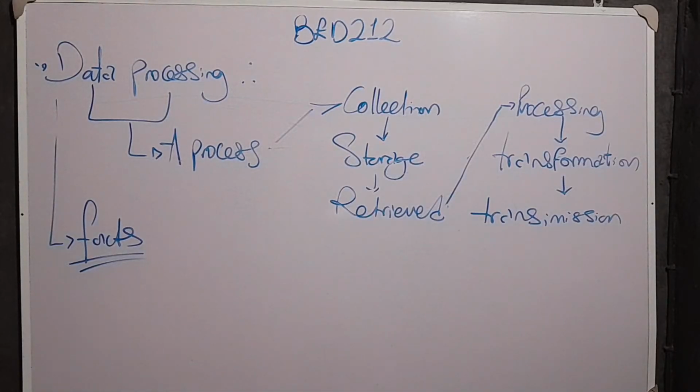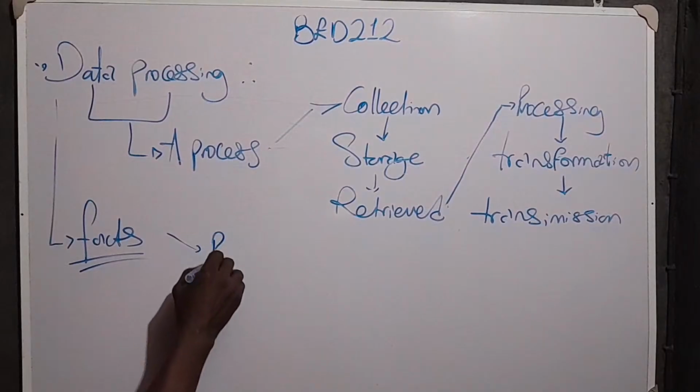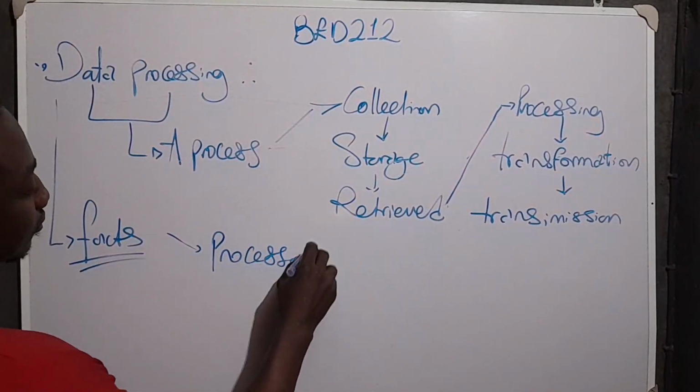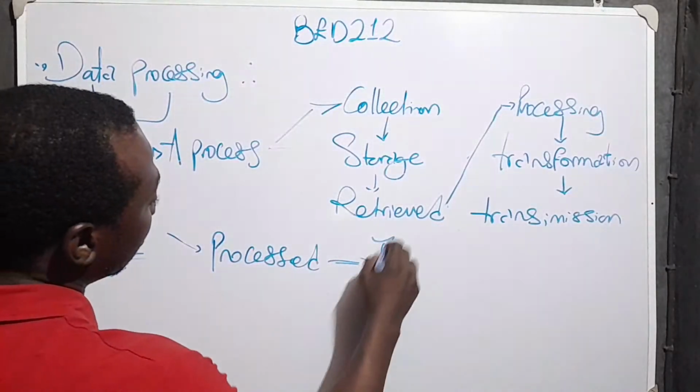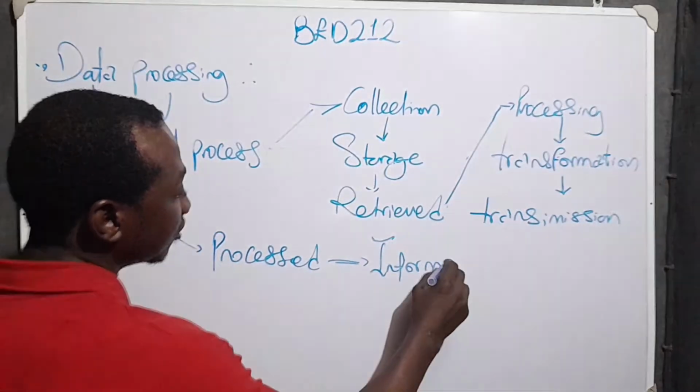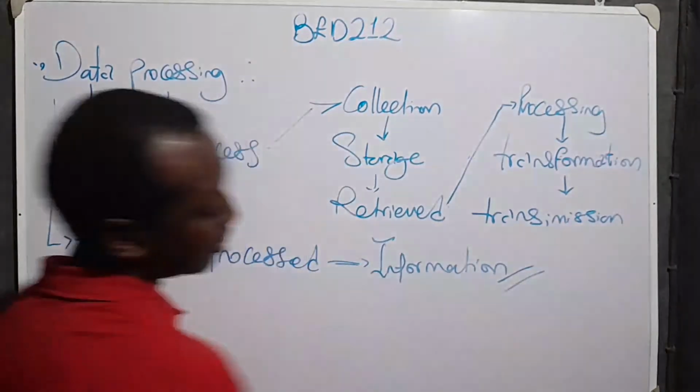Please note that data is fact, more like raw materials that need to be worked upon before sense can be made out of it. Data are explained, and after giving a certain sense they become information. So this fact needs to be processed, then it becomes information. And this is what we need.